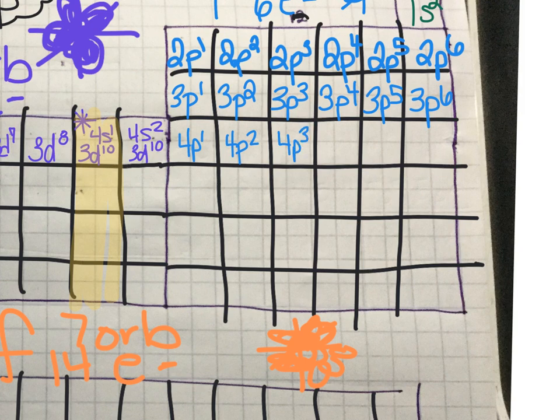How many valence electrons at 4p3? 5. Good. Nice work. 4p4, 4p5, 4p6.